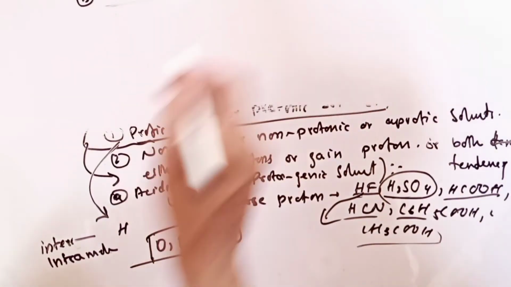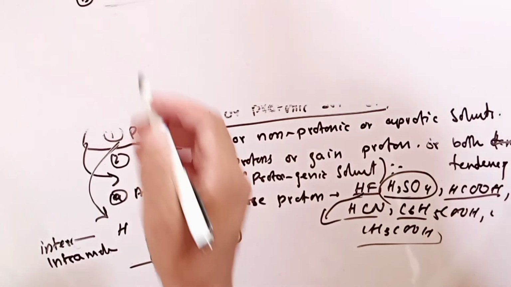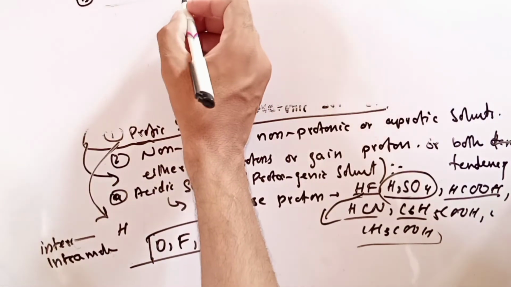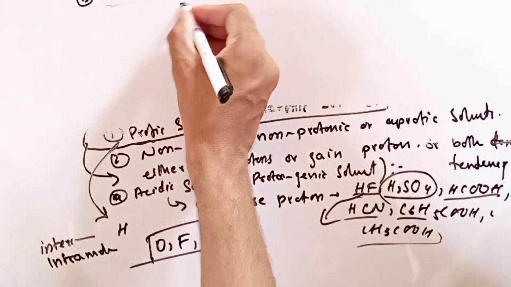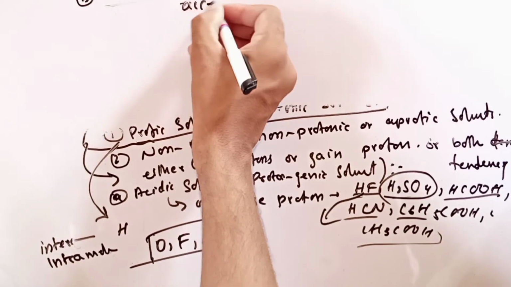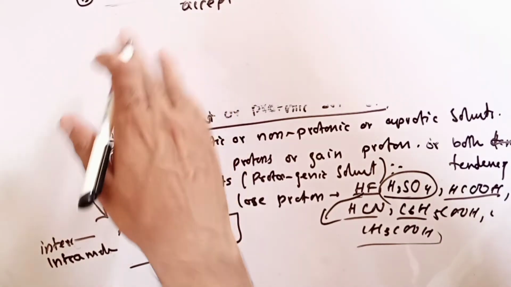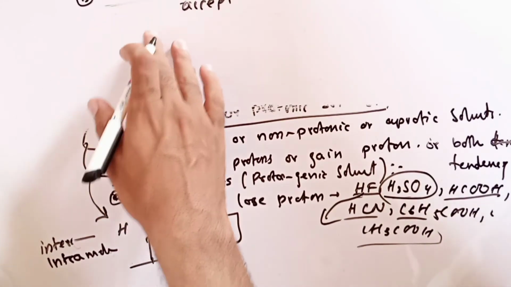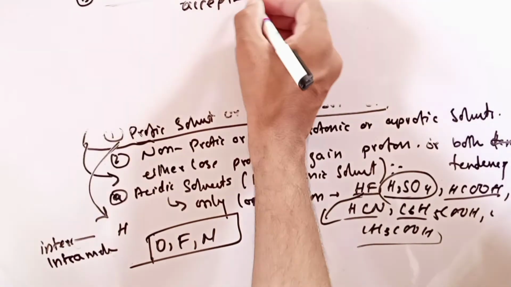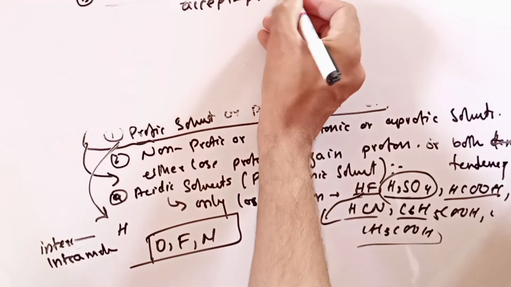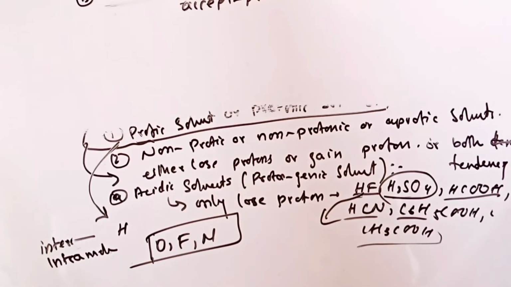What is a basic or protophilic solvent? These solvents can accept protons. The molecules of this solvent have the capacity to accept a proton, so such a solvent acts as a basic protic solvent.